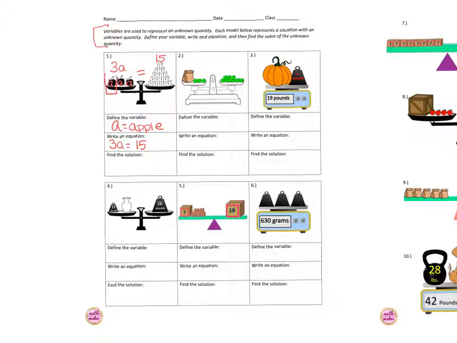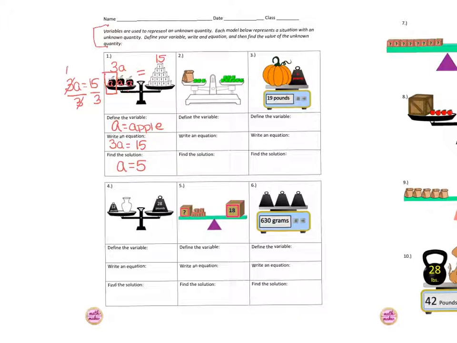So to figure that out, we have to ask ourselves, 3 times what number is going to give us 15? Well, I know that 3 times 5 is 15, so I know the value of each apple has to be 5. I could have also used my inverse operation there. 3 times A equals 15, so I could have divided by 3.